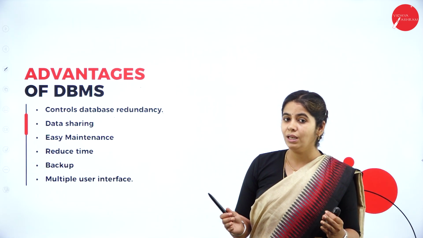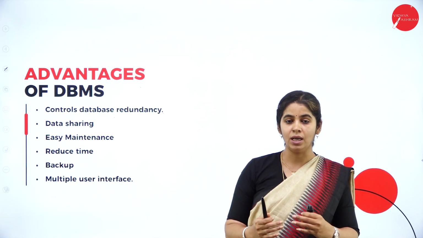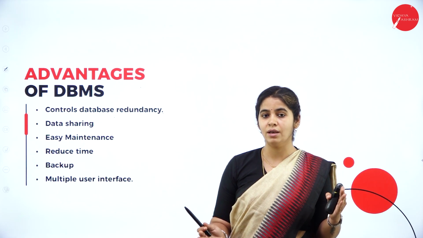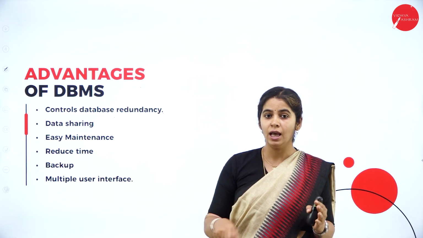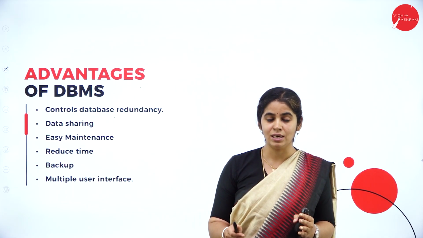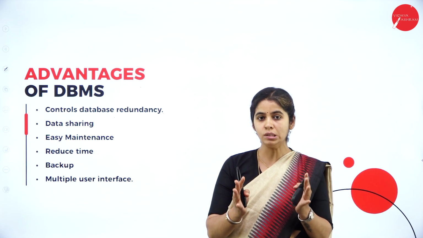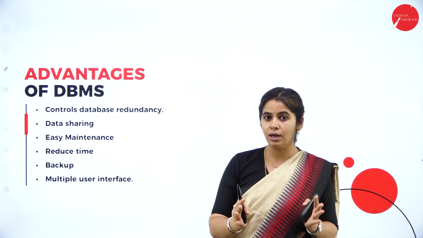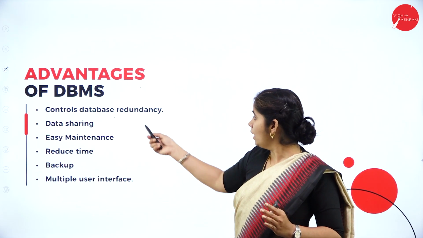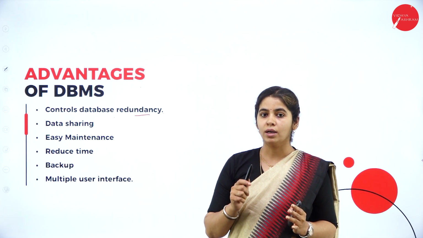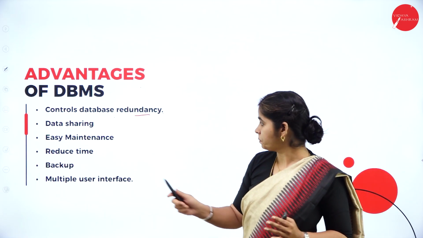So reducing redundancy will help in reducing the memory. Searching in a huge bundle is difficult compared to searching in a small bundle, right? Similarly, if we reduce the redundancy, it is easy to search and it will consume less memory.